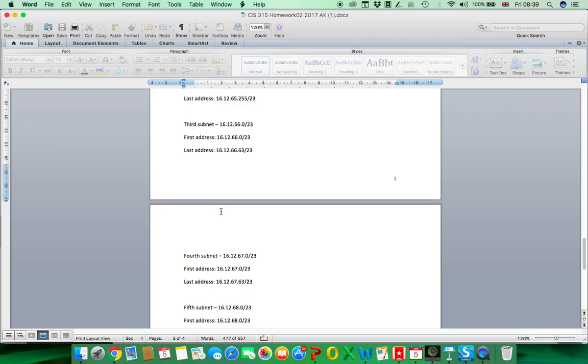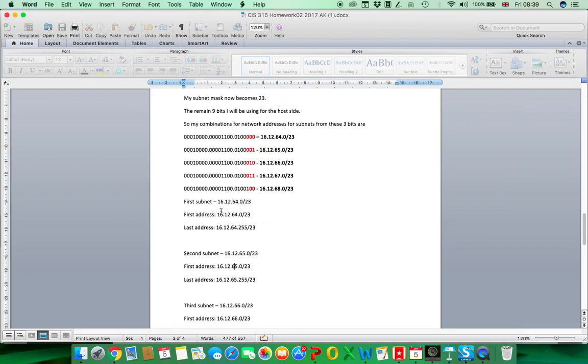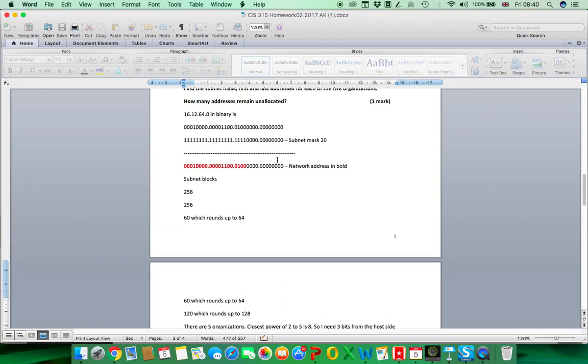Now what I have done here is I have simply taken each one of these and allocated it to each subnet. You can either do it in this way, or because now you see we are having the total number of addresses for the remaining three subnets, how much is that? Let's calculate it.